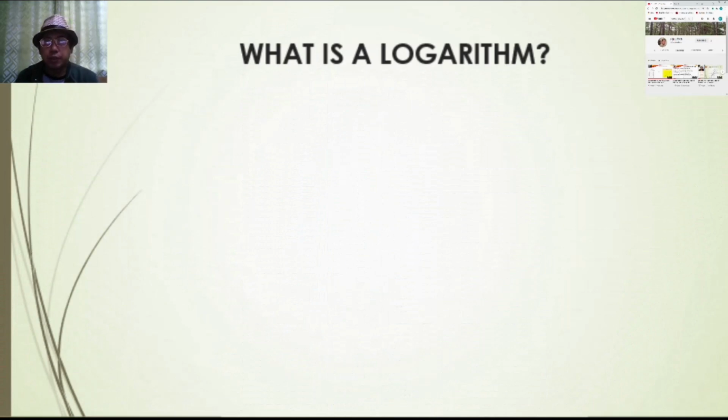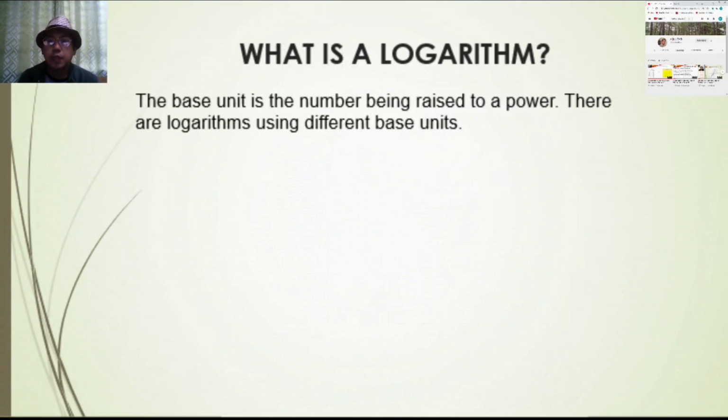The next one is, we have in here the statement. The base unit is the number being raised to any power. Okay, the number being raised to a power, or there are logarithms using different bases or base units, but commonly the bases are 10 or a natural number.